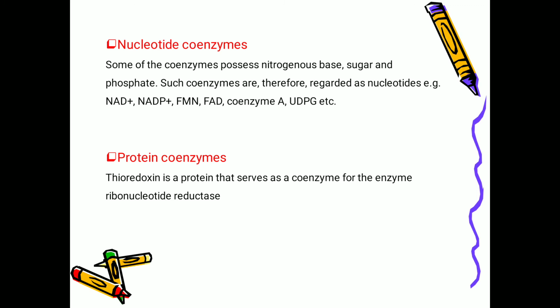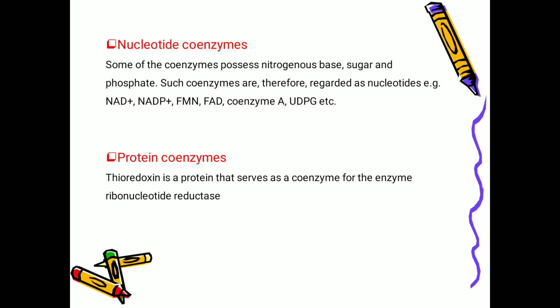And other examples are nucleotide coenzymes. Some of the coenzymes possess nitrogenous bases, sugar and phosphate. Such coenzymes are therefore regarded as nucleotides. Examples are NAD plus, NADP plus, FMN, FAD, coenzyme A, UDPG, etc.